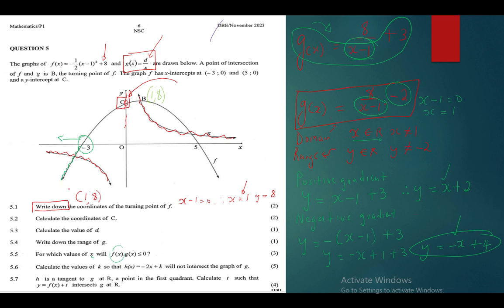But where is the function g? The function g also is underneath. They are both underneath when x is on the left, and for any value of x below negative 3, both functions are below the x-axis.